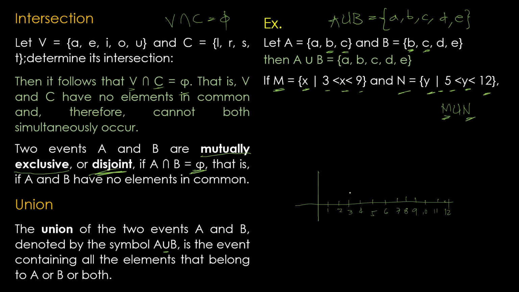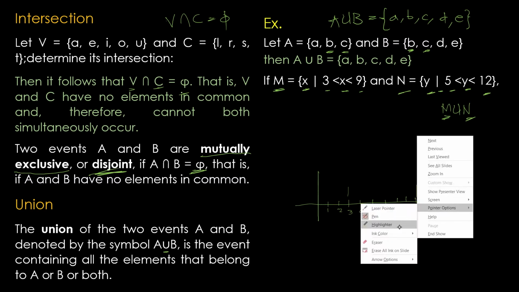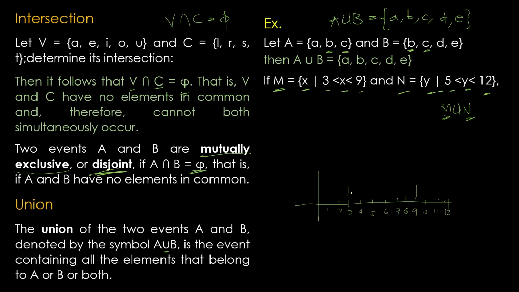So what are the numbers that are in between 3 and 9? These numbers right here. Let's use a different color, let's use yellow. So event M are all of these values right here.